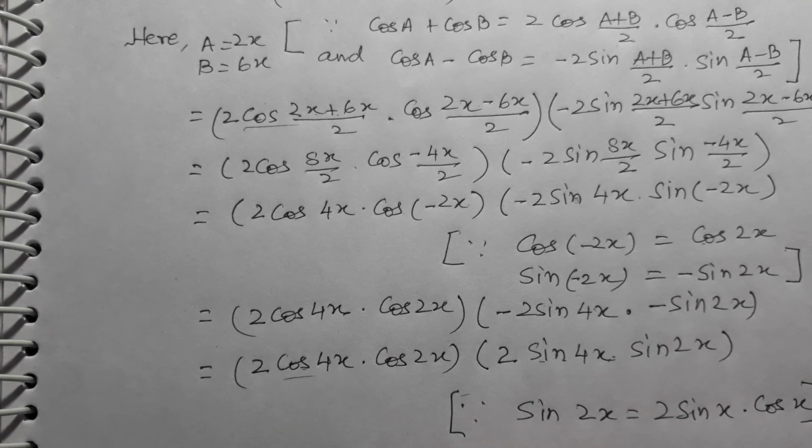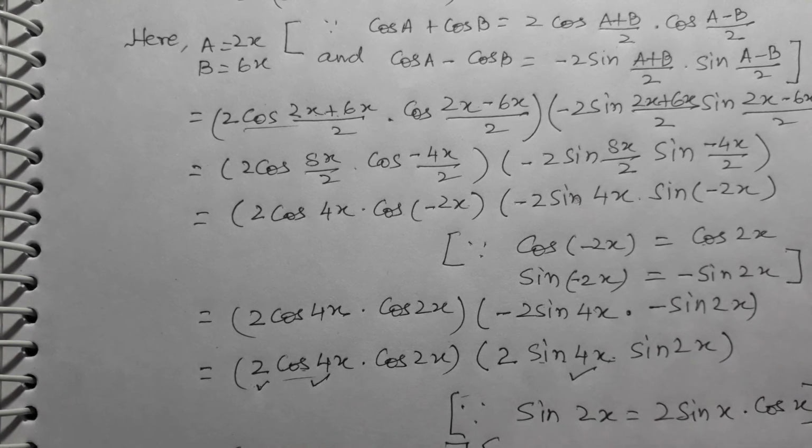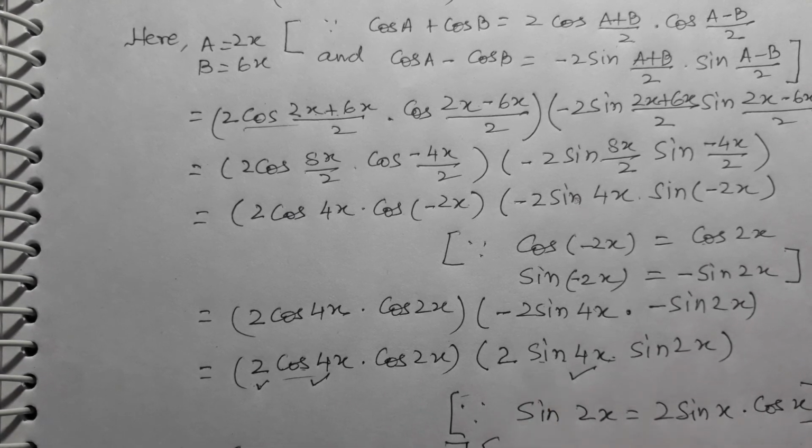And in the second bracket, this 2 will remain here, sin 2x will come here, and cos 2x will come here.